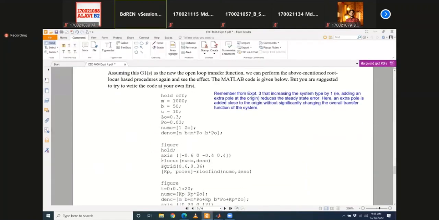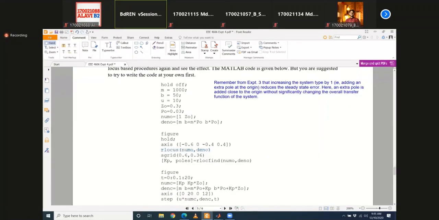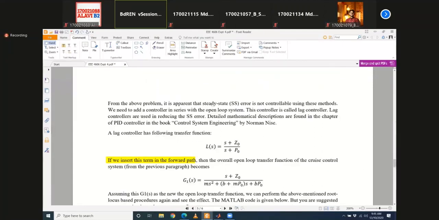Now let's plot the root locus diagram, because we need to select a point that will give us the desired rise time and overshoot. For that, we need to first obtain the root locus diagram. In the same manner as the previous example, we use rlocus. And then we have two values which you have to calculate, zeta and omega n, right?